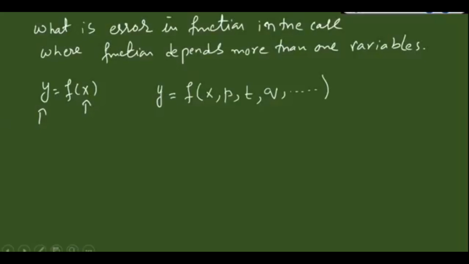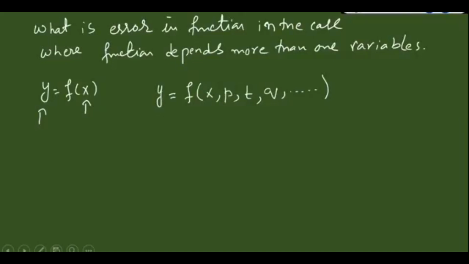For example, the correct reading of x is x, but I made a mistake and noted down x dash. Similarly, the correct reading for p is p, but I noted p dash. Similarly, t dash, q dash. So what will happen if I replace all these readings in that function? Obviously, they will impact y.